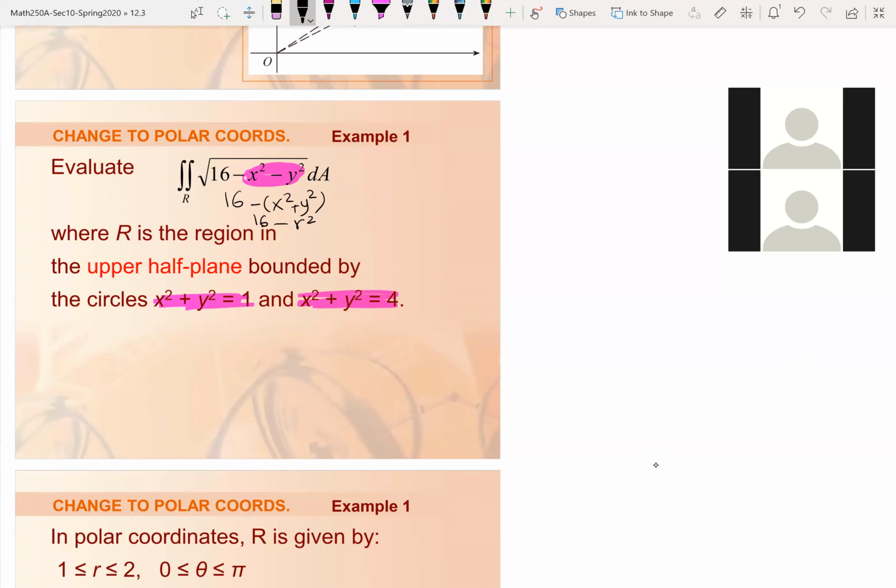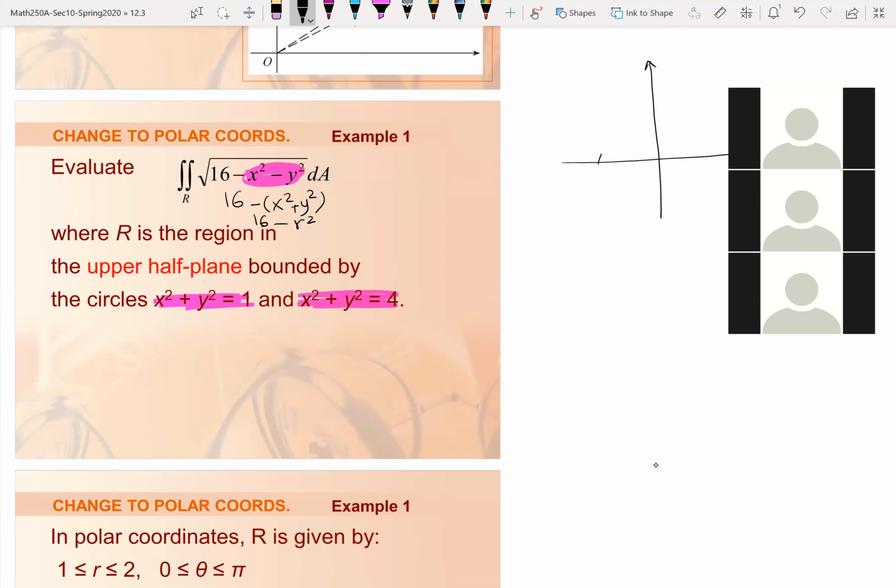Ready to do this problem? Yeah, let's do it. So first thing is the region of integration. It says you have to make two circles.